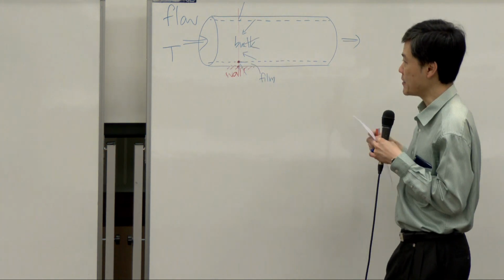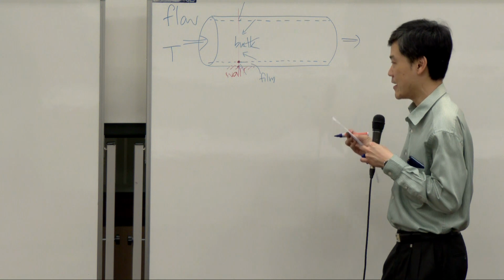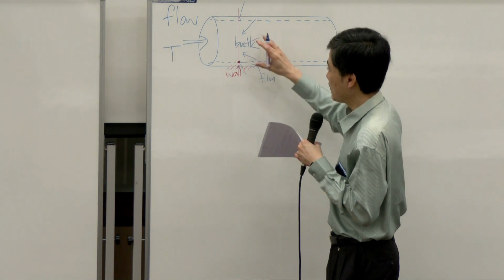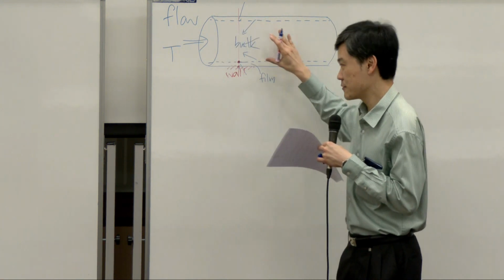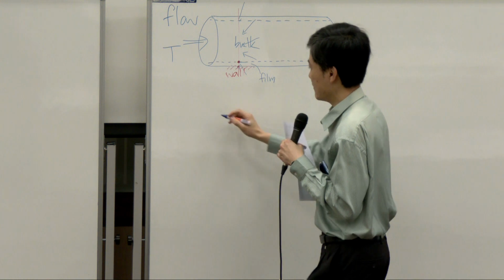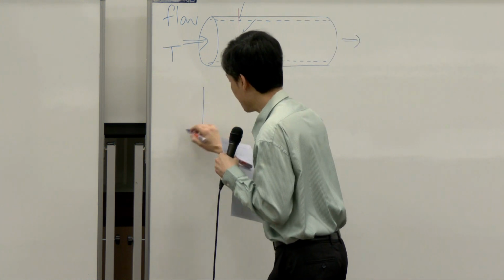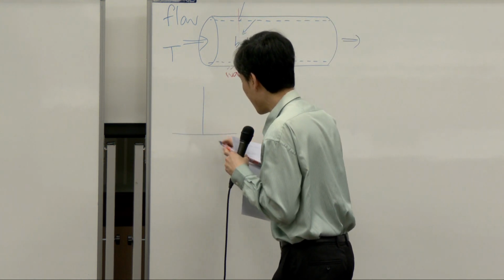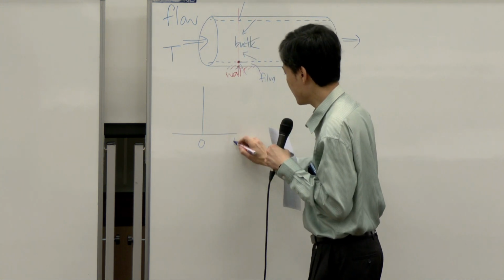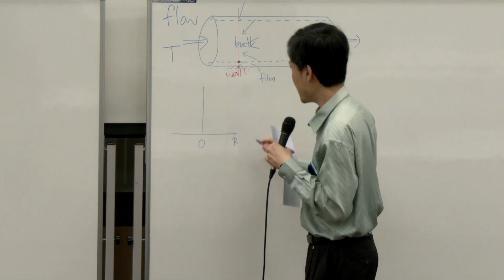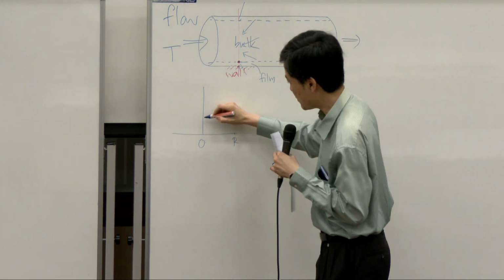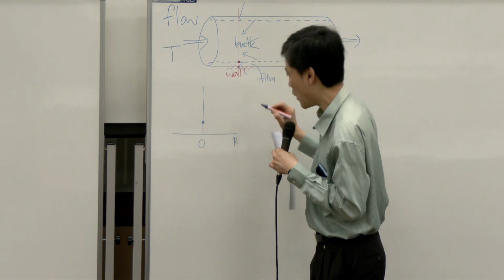The problem is, if you look at the system, now you see the temperature of the bulk. In this case, if I plot the temperature, let's say at this position, plotted R from center to, let's say, the radius of the pipe. The problem is heating, so temperature at the center is supposed to be low.